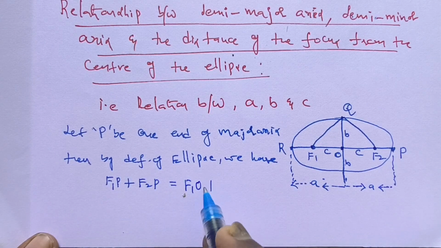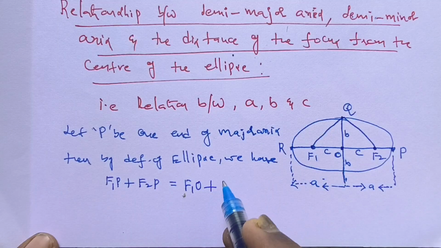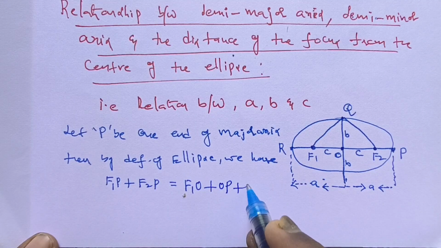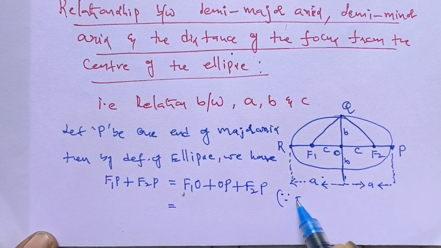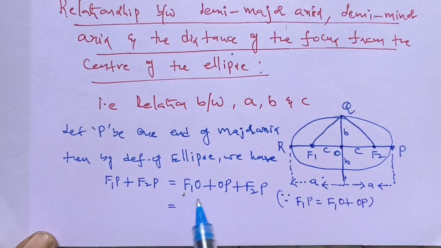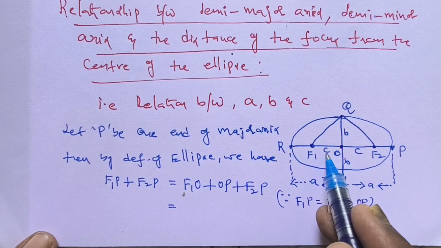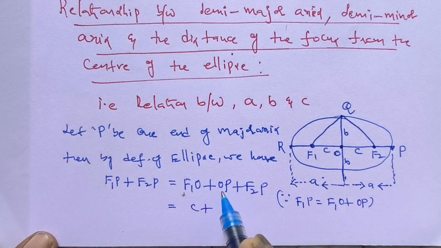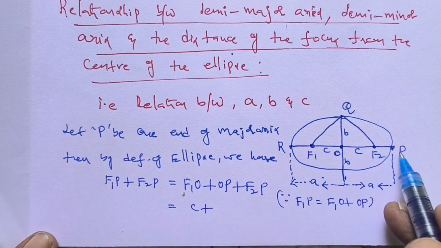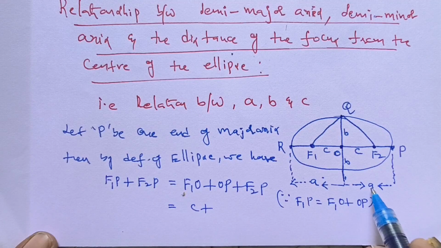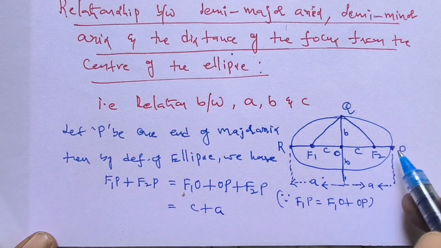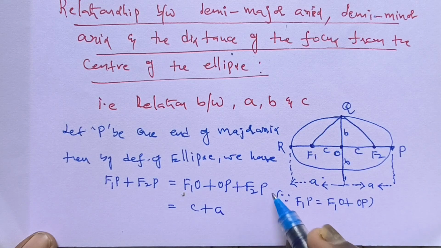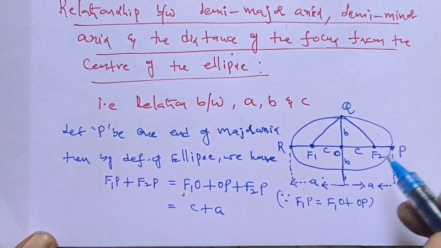So F1O plus OP, which equals F1P, plus F2P here. Since F1P equals F1O plus OP, F1O is c units, OP is a units, plus F2P.